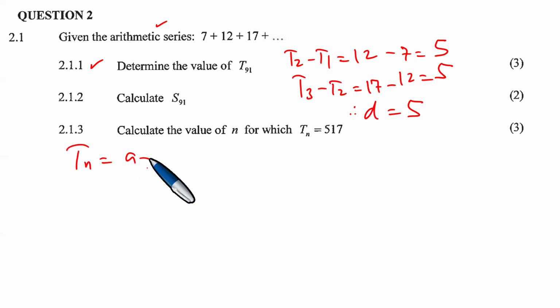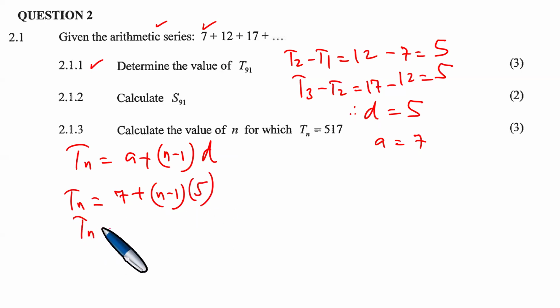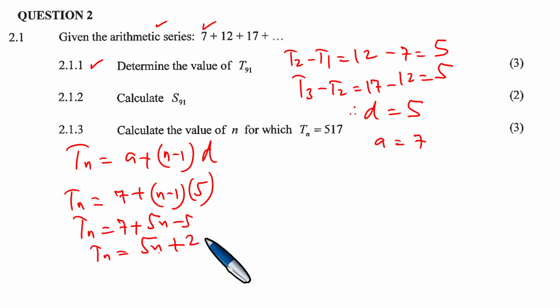Tn equals a plus n minus 1 times the common difference d. The first term is 7 and the common difference is 5. So we have Tn equals 7 plus 5n minus 5, which means that Tn is 5n plus 2.